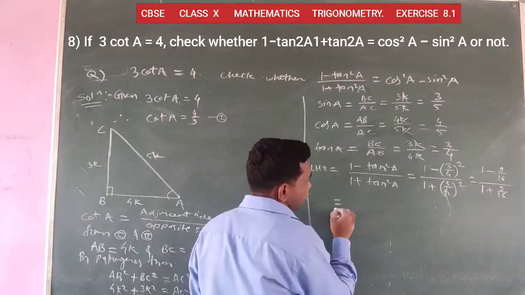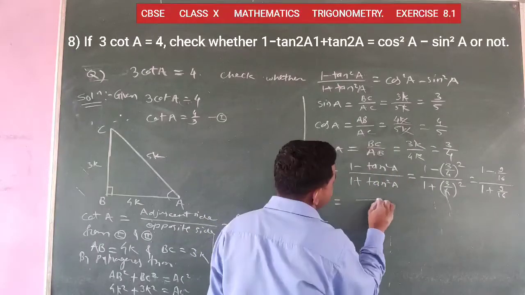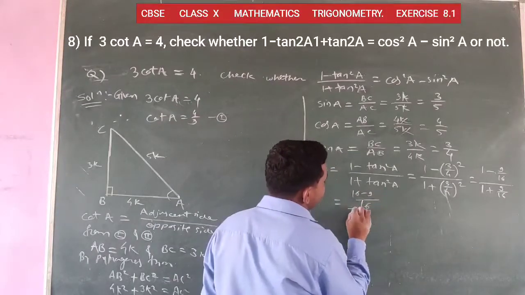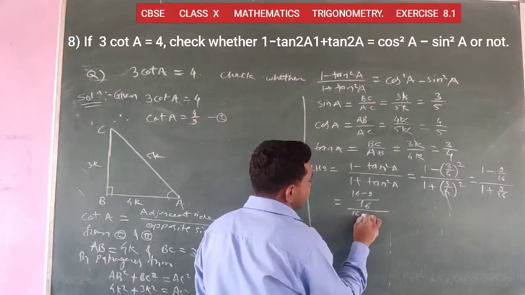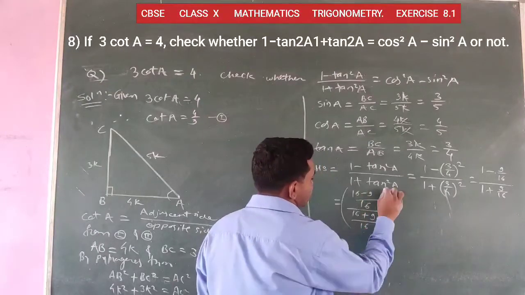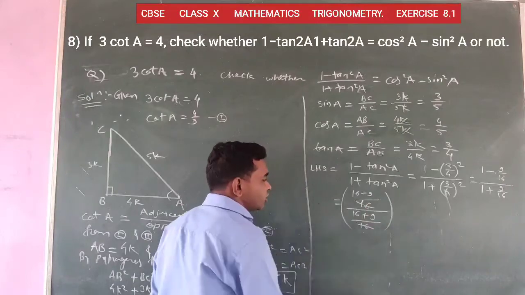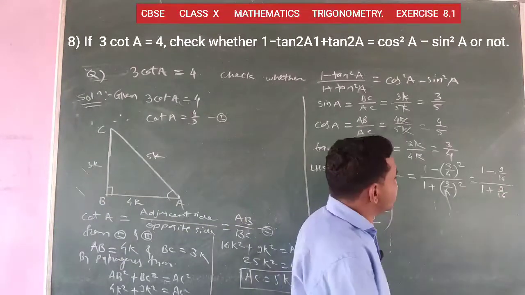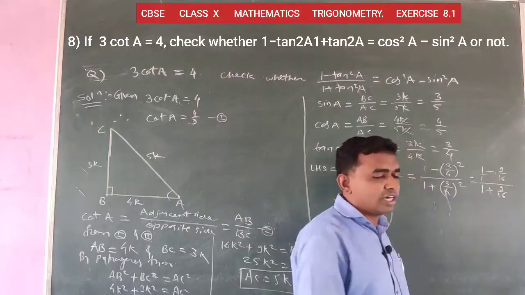And here the LCM is 16, so 16 minus 9 in the numerator and 16 plus 9 in the denominator, the denominator part is 16 in this term. So here 16 gets cancelled. How? 1 minus 9 by 16, there is no denominator in 1, consider it as 1 upon 1.